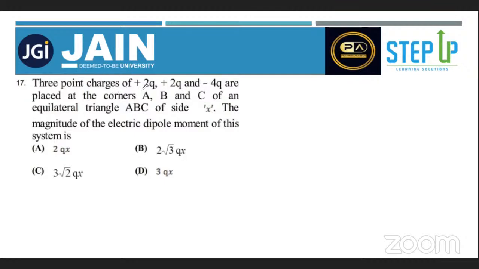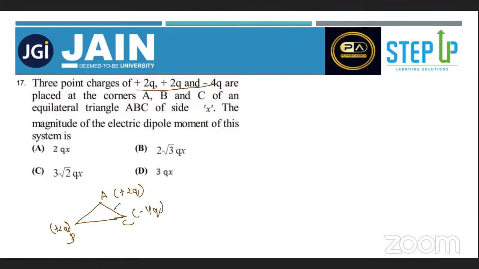Okay, so we have 3 point charges 2q, 2q, and minus 4q. This is basically an equilateral triangle. Assuming A, B, C, which I can take in any order: at A I have plus 2q, at B plus 2q, and at C minus 4q.